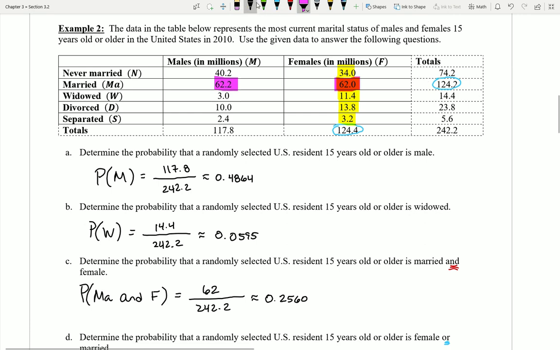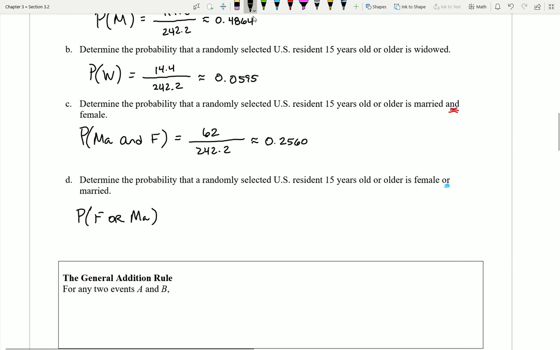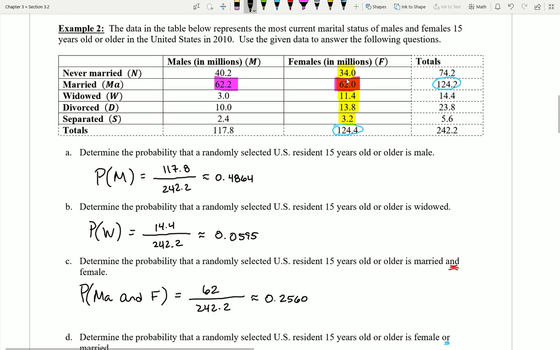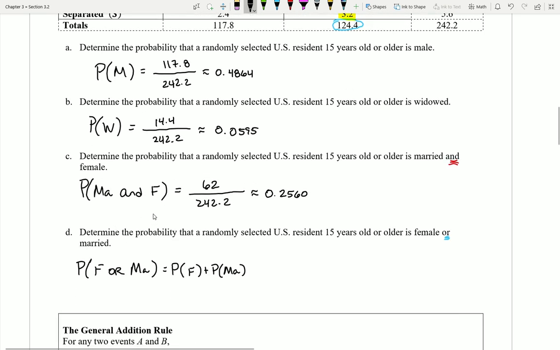So I propose that we could calculate our probability like the following. I'm going to propose that we could say that I want the probability of all the females being selected, plus the probability of married people being selected, but when I do that, I'll notice again that's going to count this 62 million, that's the overlap, one too many times.